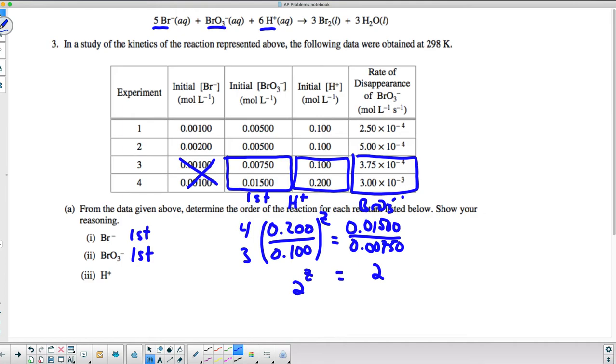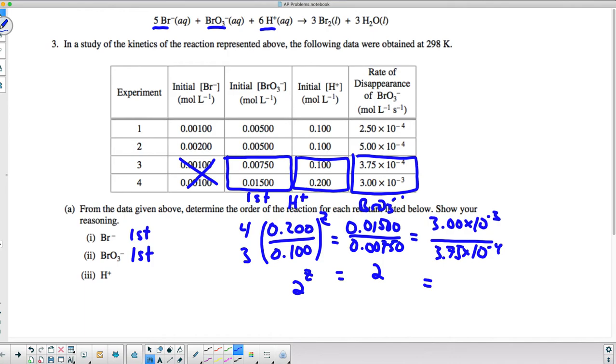And then look what happens for the rate. Now the rate is 3.00 times 10 to the -3rd. And all of that's going to be divided by 3.75 times 10 to the -4th. So we're going to get a different number here. Okay. So here's what I'm going to do.